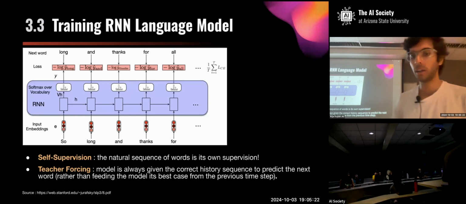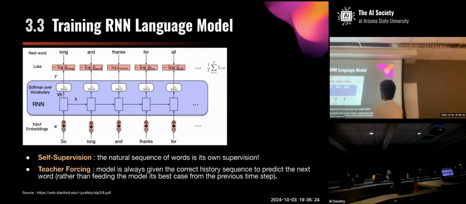For training, as I said, based on the task you have different loss functions. Here also gradient descent will be used, and this is the task for next word prediction. Let's say you are given a first word, "so", and you are trying to predict the next word at each time step.